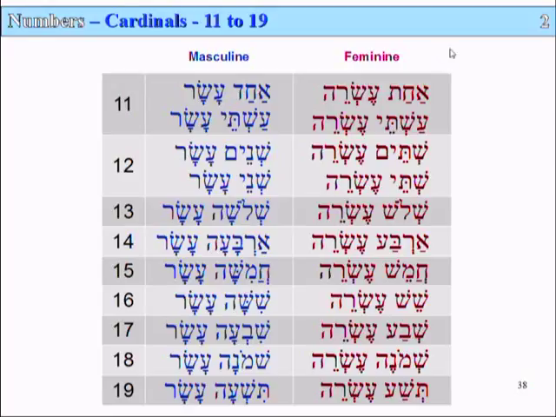And so even science shows the masculine and feminine in nature, which is Yahweh's creation. So that's it for the cardinal numbers from 11 to 19. And they're used in many, many lists in the Tanakh, or Old Testament.